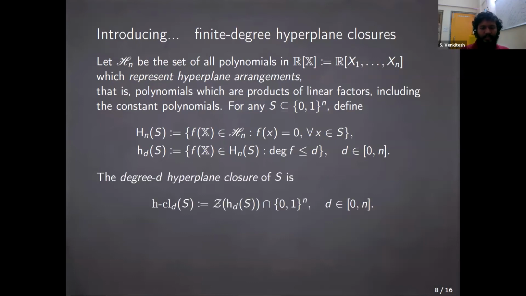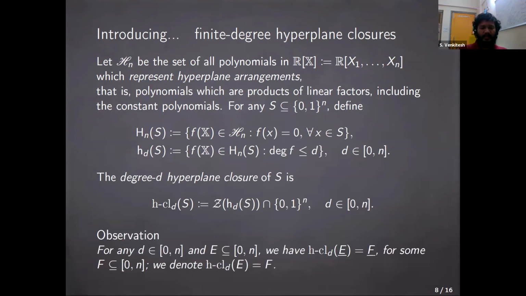Right. And the degree d hyperplane closure of a subset is defined to be the common zero set of these polynomials. One quick observation, which I'll state without proof, is that when you start with a symmetric subset and you look at the degree d hyperplane closure, the closure is also a symmetric subset. So we'll just do away with the set representation and just work with the weights in the rest of the talk.